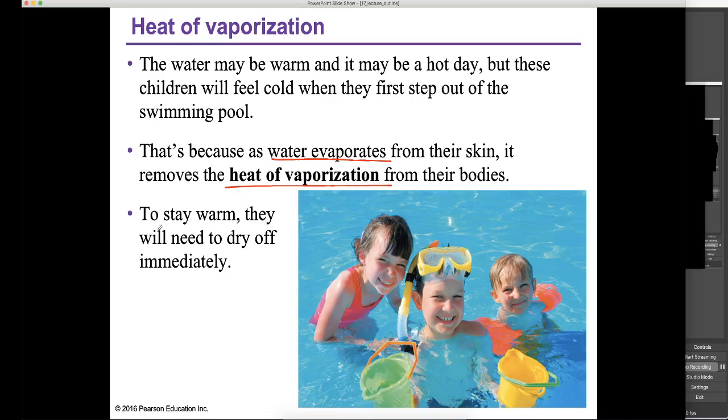To stay warm, it's better for them to dry off immediately. Otherwise, when the water on their skin tries to evaporate, it takes off some heat and they will feel cold.